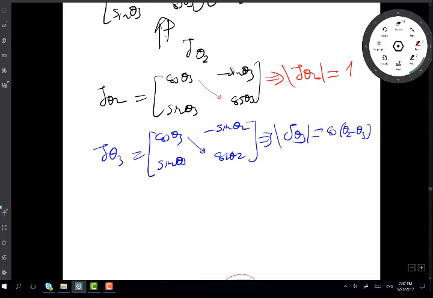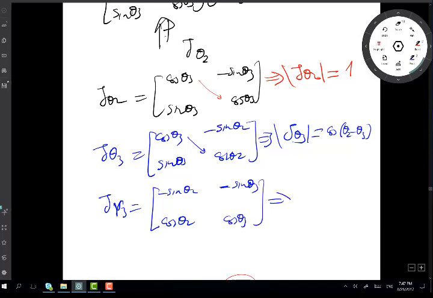And then if you want J R3, you replace the first column by minus sine theta 2, cosine theta 2, and on the other side here you have minus sine theta 3, cosine theta 3.